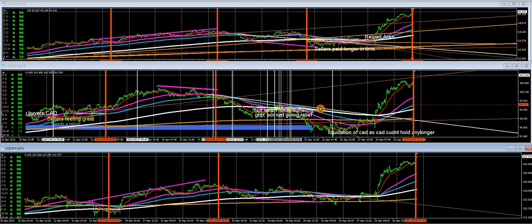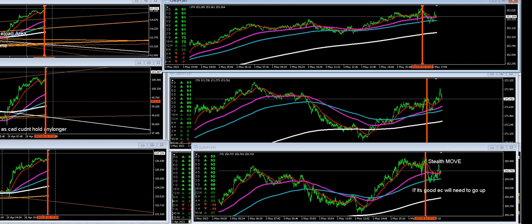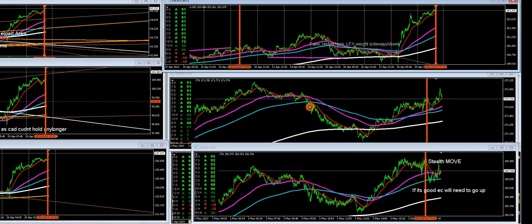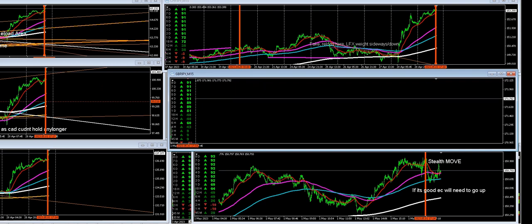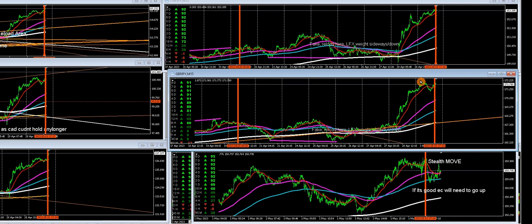At this point, what happens is, I'll move this over here. Got the same area of time. You see, pound is not really, I mean, it went down, but then it's up here.